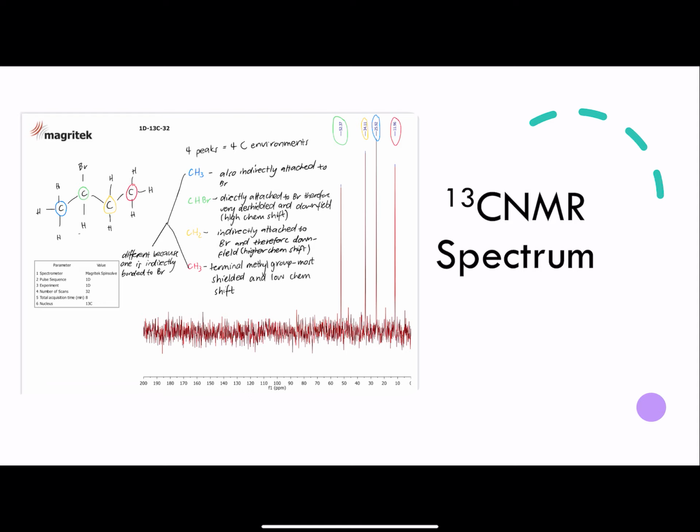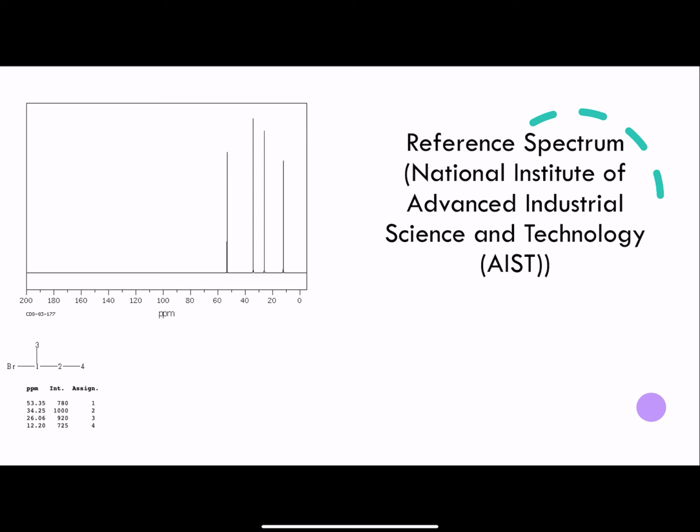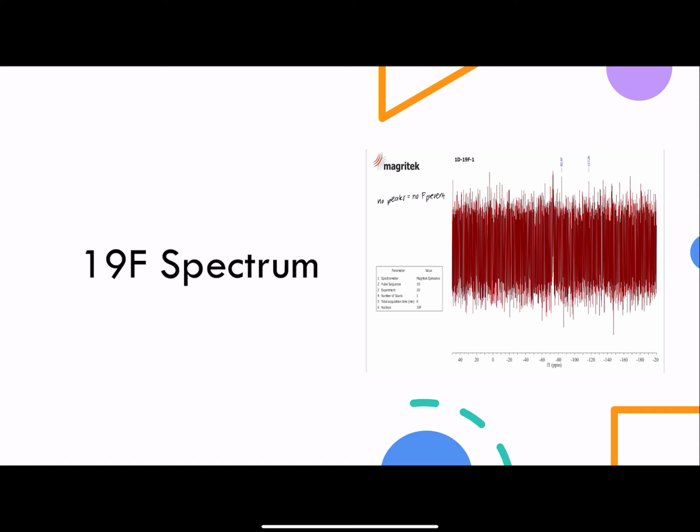This corresponds to CHBr. This carbon is directly attached to the electronegative bromine atom and is therefore the most de-shielded and positioned downfield with a high chemical shift. Here we have a reference spectrum and it indicates the same chemical shifts for 2-bromobutane.